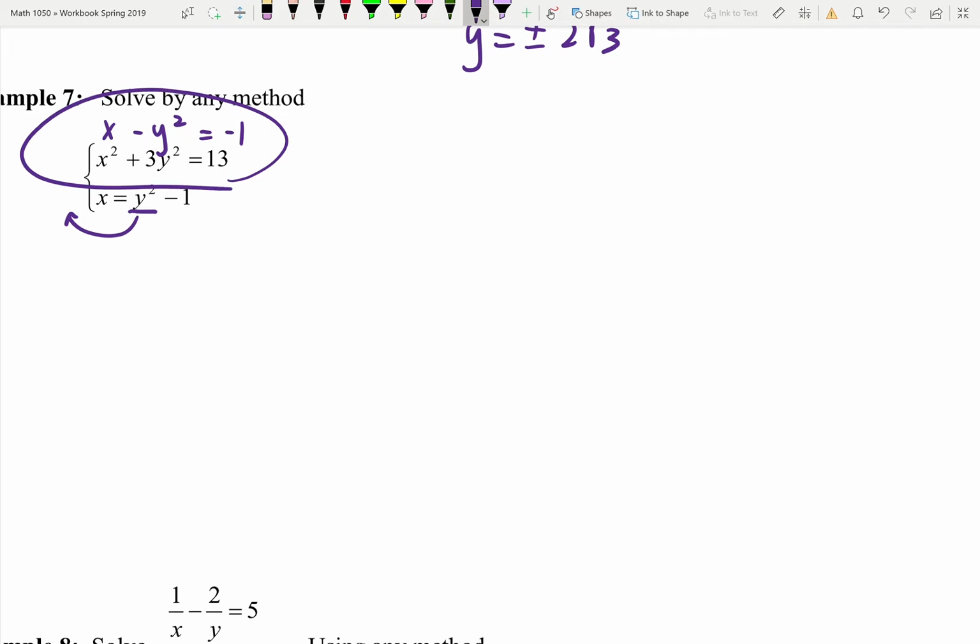Now I'm going to take those 2 equations and try to eliminate the y's. All I have to do is distribute a 3. So then I have 3x minus 3y squared is equal to -3. Then I'm going to write the second equation down, which is x squared plus 3y squared equals 13.